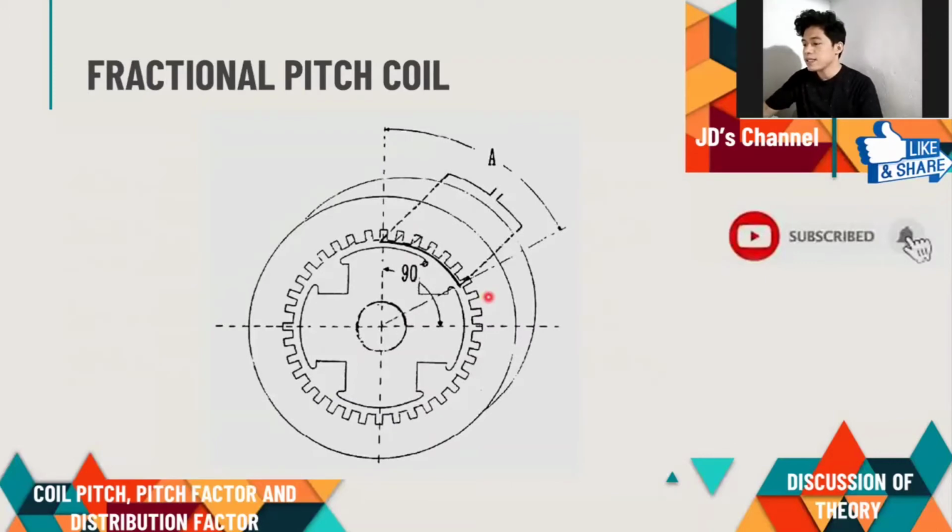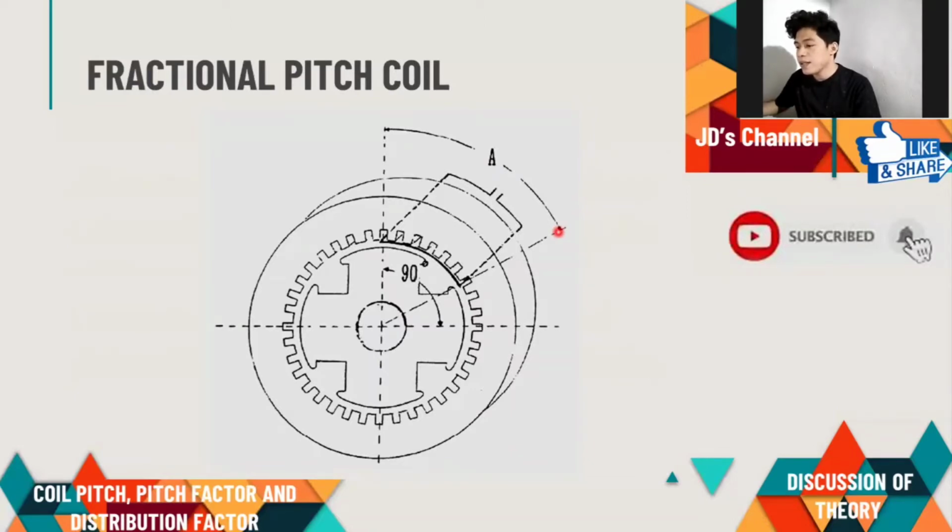So here, class, in the illustration, again, A is the angular distance between the coil sides, and it is 60 mechanical degrees or 120 electrical degrees.